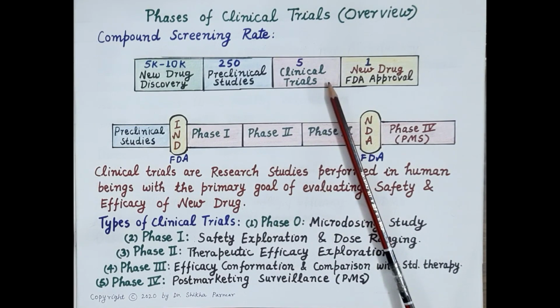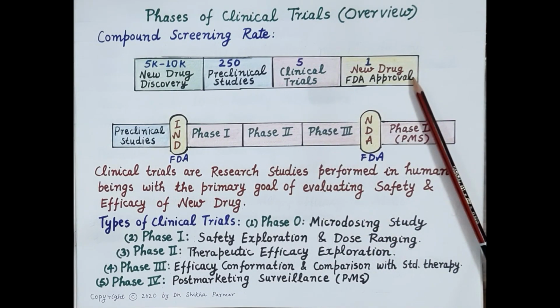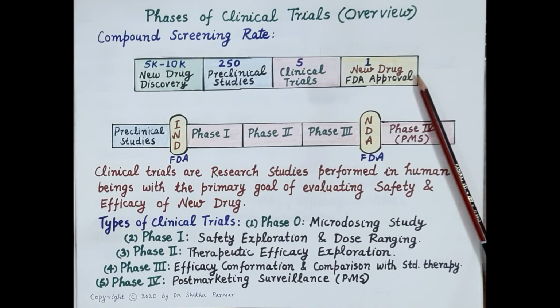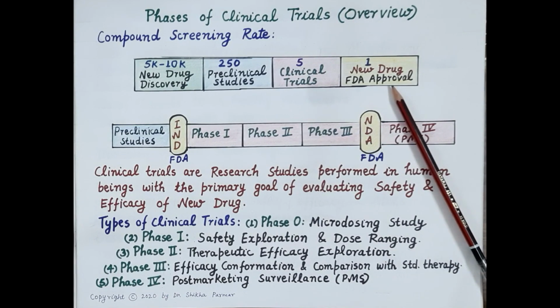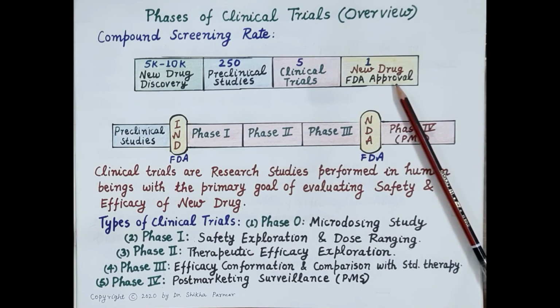At the end of clinical trial, a single, safe, effective new drug is identified with optimal pharmacokinetic, pharmacodynamic, pharmaceutical and toxicological properties. If approved by the licensing authority, that is FDA, Food and Drug Administration, it is released in the market.